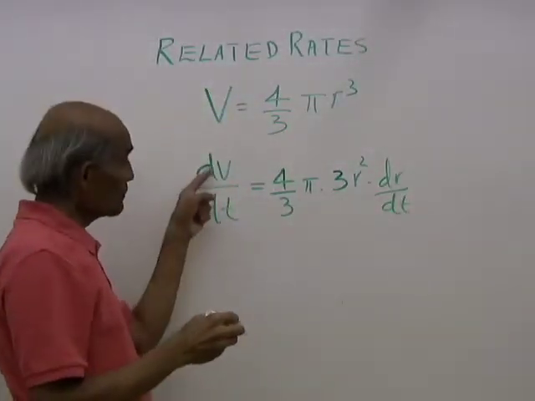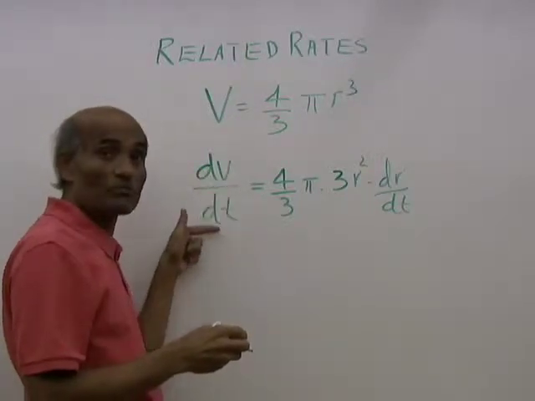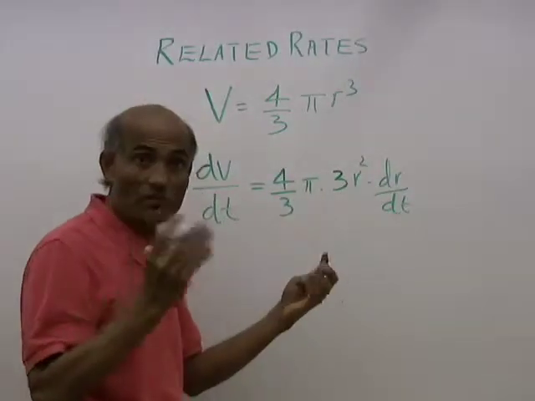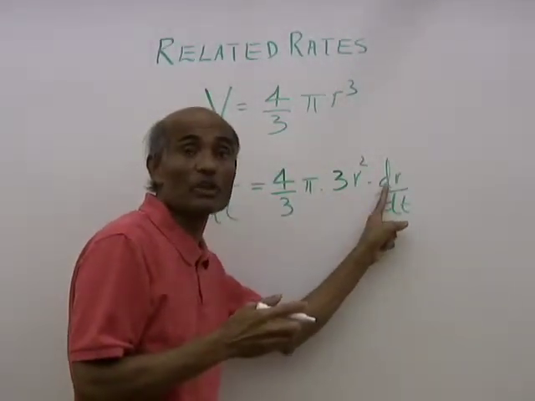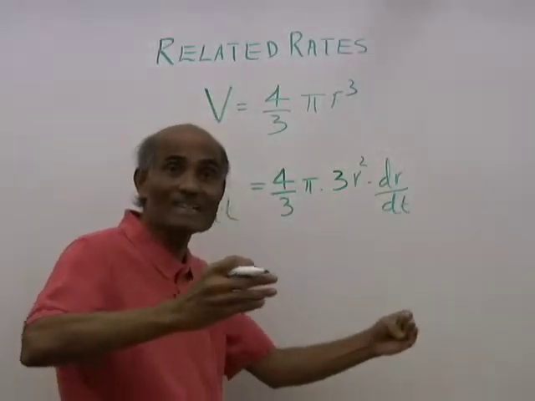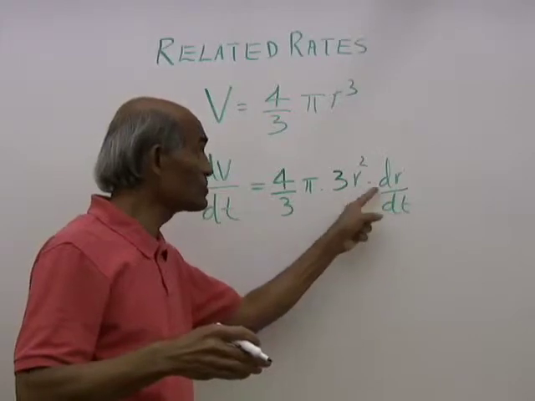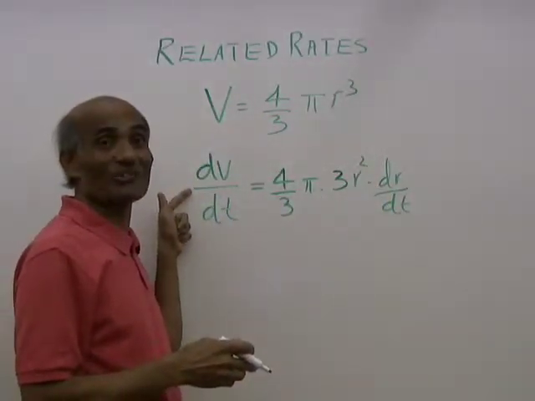That means if you want to find the rate at which the volume changes, you need to know at a particular instant what is the value of r and what is the value of the rate at which the radius changes. Only if you know these two things, we can find the rate at which the volume changes.